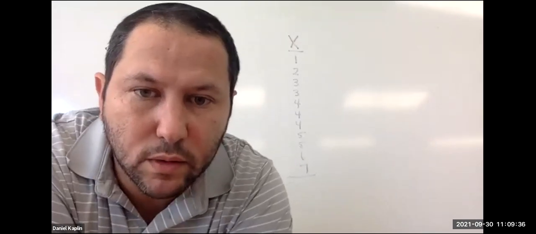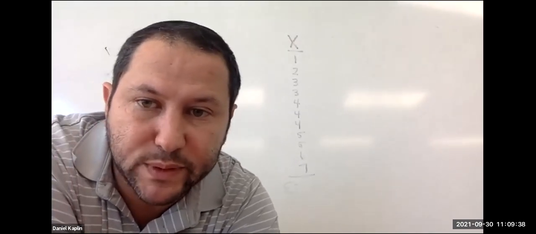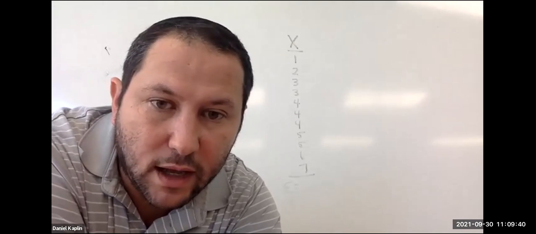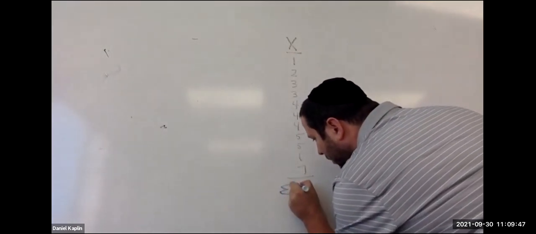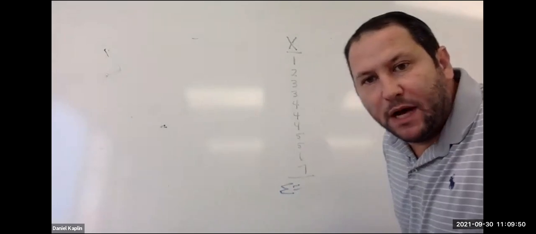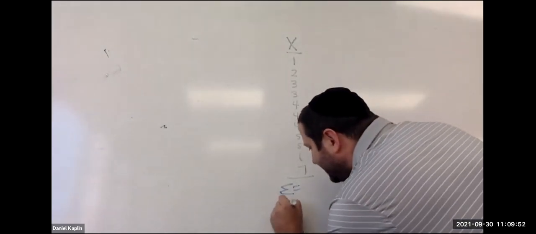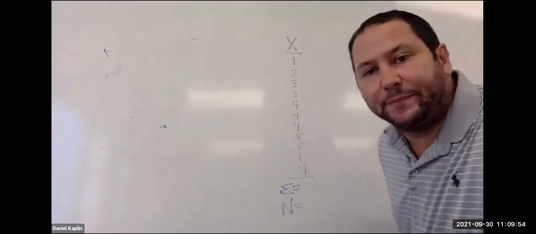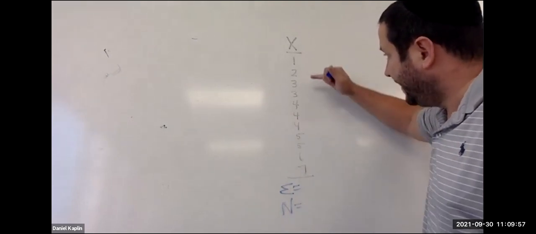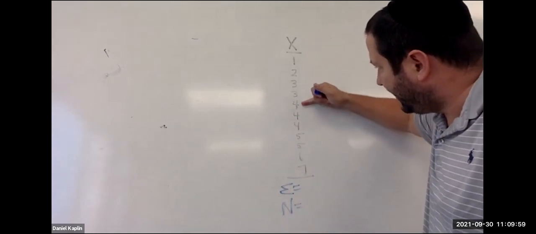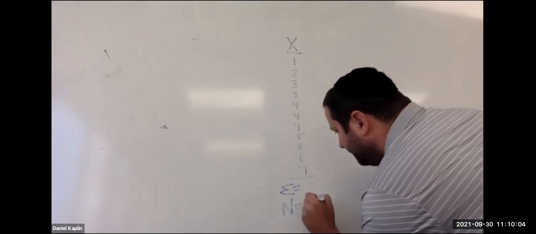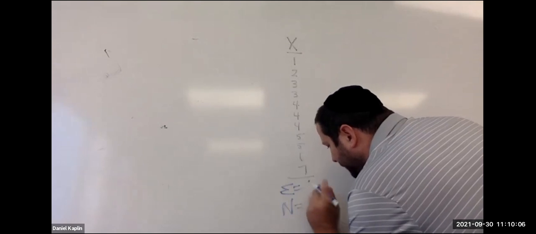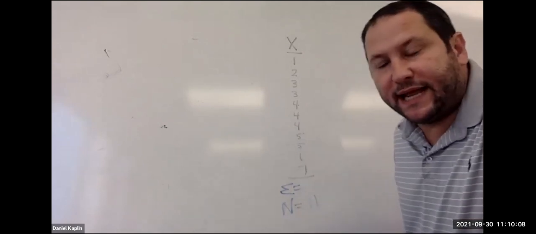All right. So what I'm going to do is I'm going to write the symbols again, and I'm going to make them in blue so it's easier to see. So we have our sigma, and I asked us to count the number of participants in this data set, right? So 1, 2, 3, 4, 5, 6, 7, 8, 9, 10, 11. So we have 11 participants in the data set.